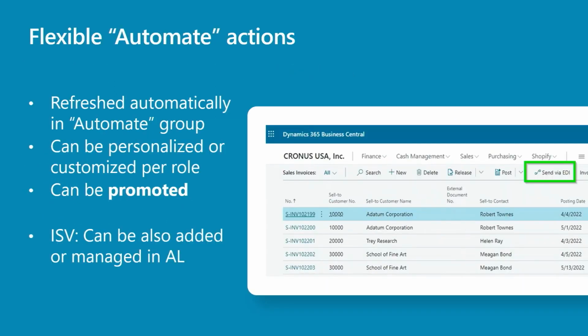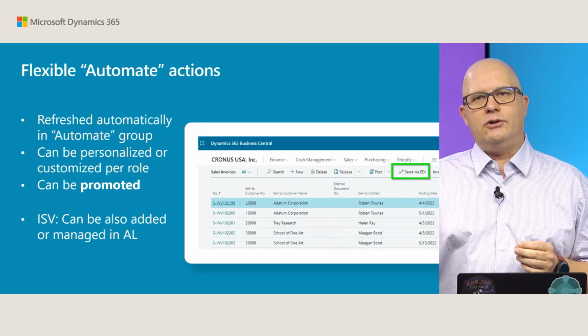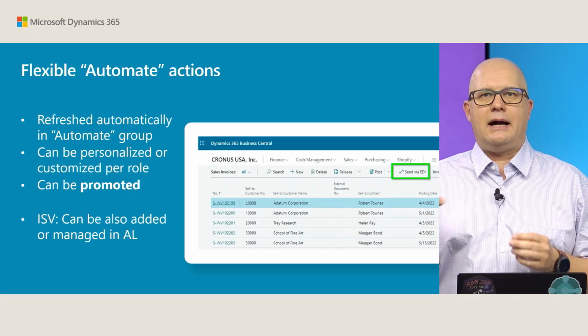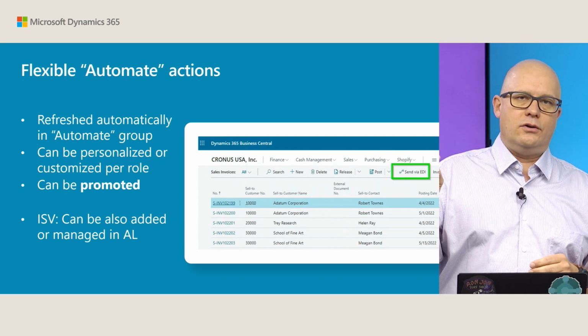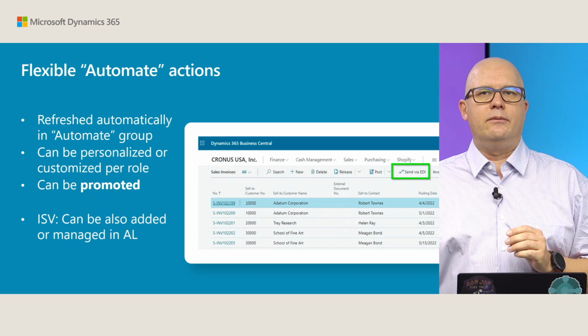The feature is also relatively flexible right now because with this new action bar that we added in the product, you have the ability to personalize those actions that are coming from Power Automate, and you can also promote those actions. So you can move them around the action bar and make sure that the special action that you have built using Power Automate is available to your user with one click.